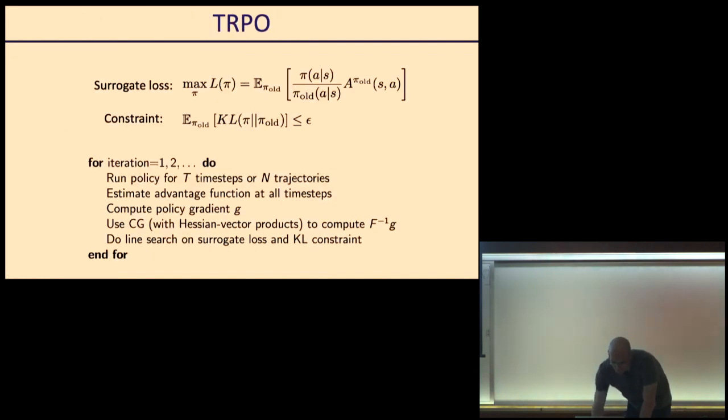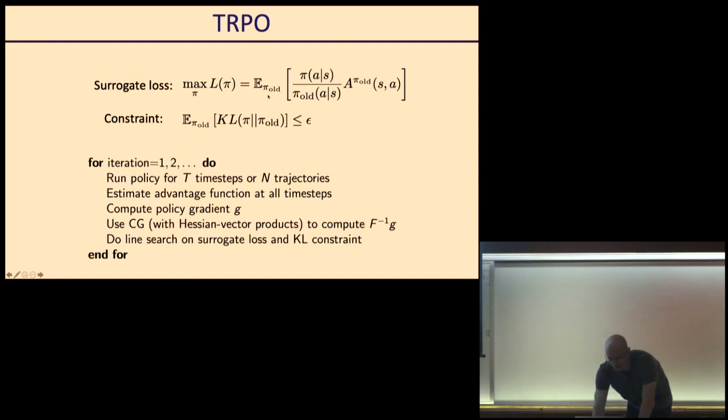Here we are. We maximize over pi, also called pi theta, the surrogate loss, which is the expected value under pi theta old. What does this mean? We're going to have samples that approximate this expectation.